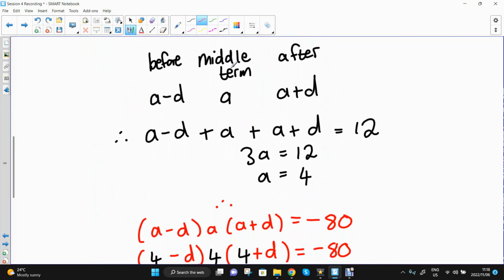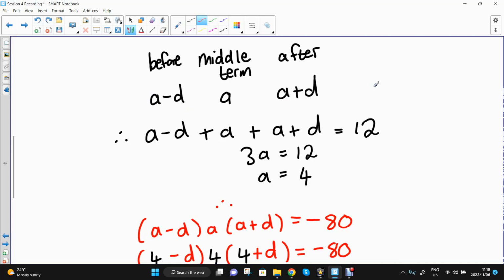My middle term is A. If I go back with the common difference, or ahead with the common difference, so if I add the common difference or subtract the common difference, I can get to the term before A and the term after A. So it's almost the same kind of principle as what we used earlier, but slightly different.